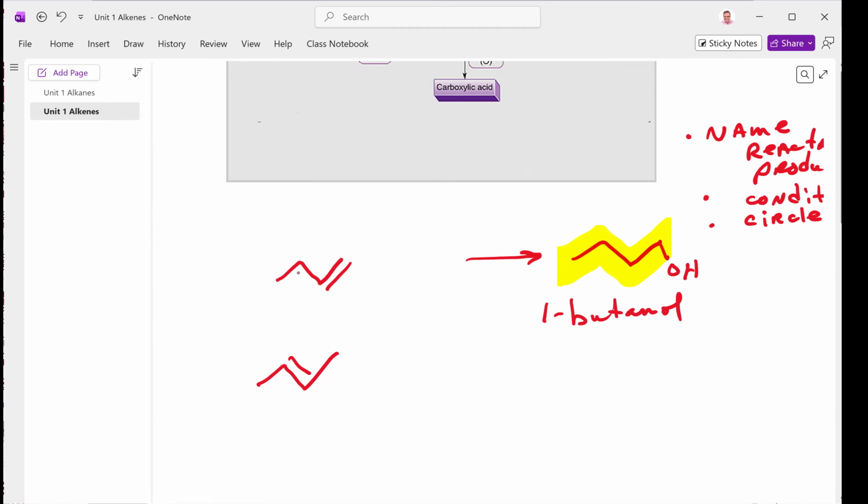So if it attaches here or here, with this one down here, it's going to be here or here. So which one of those are we going to start with?